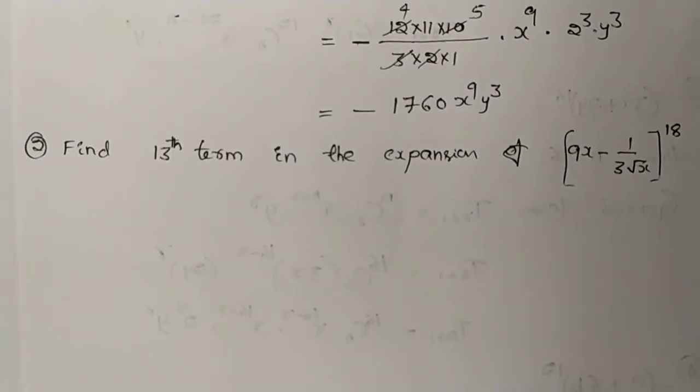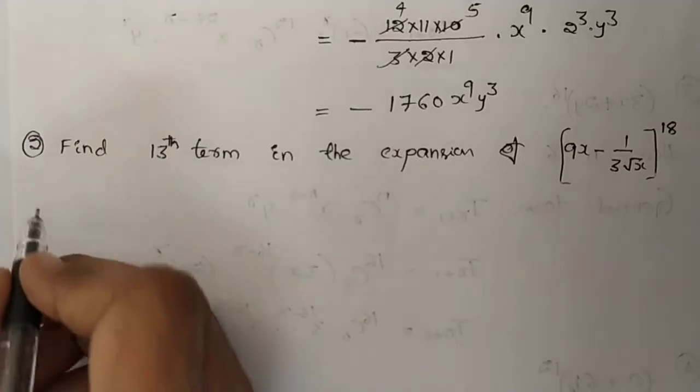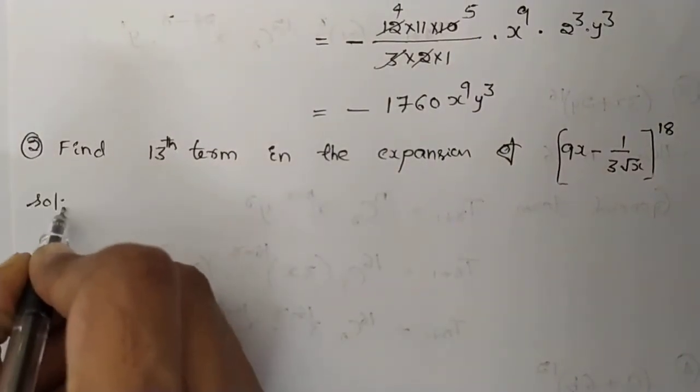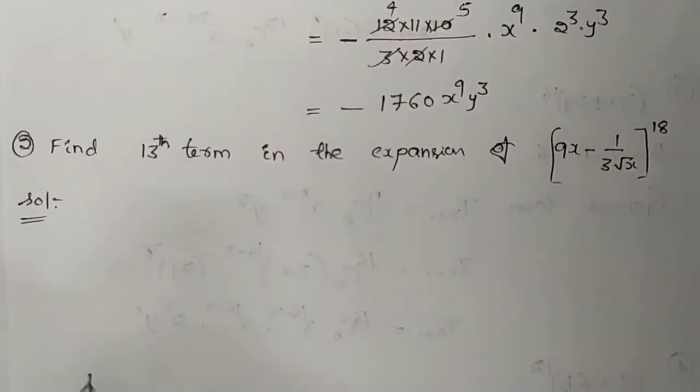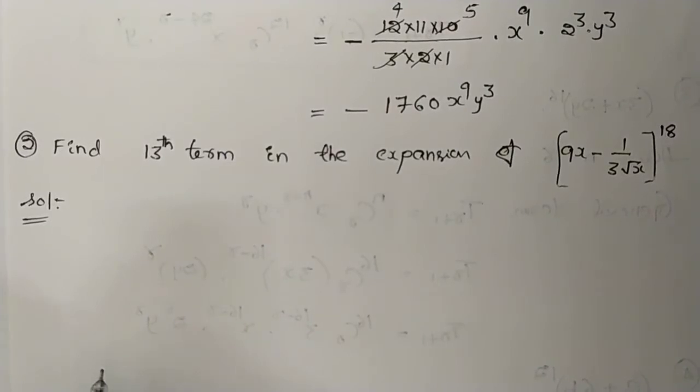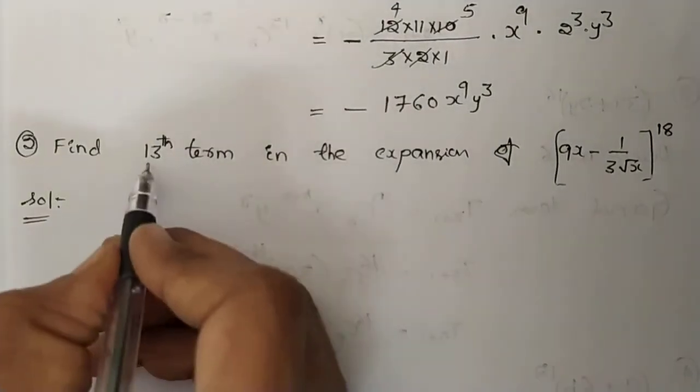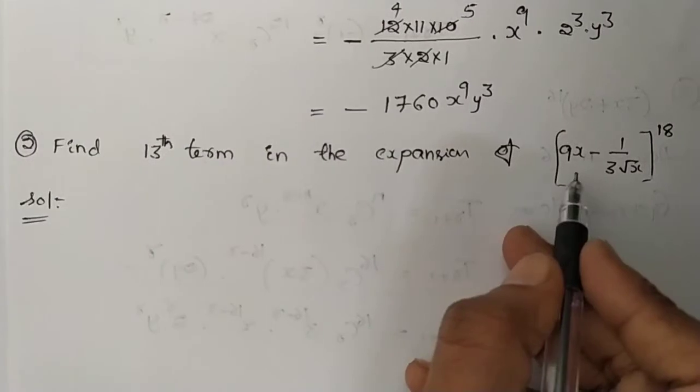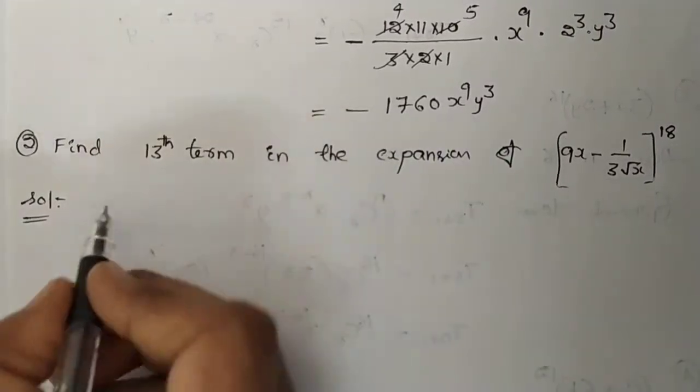Second question: find the 13th term in the expansion of (9x minus 1 by 3 root x) whole power 18. Before that, we have to find its general term.